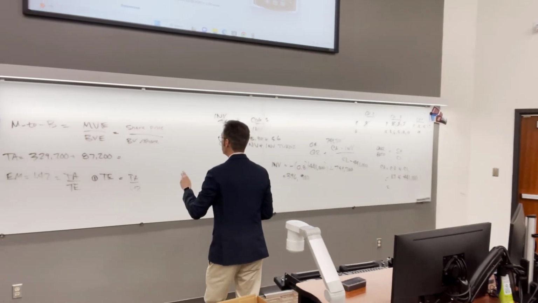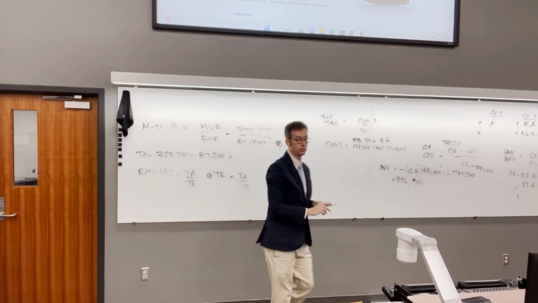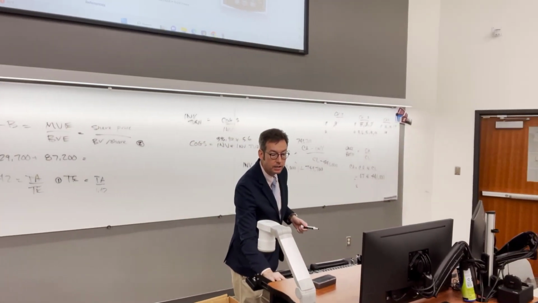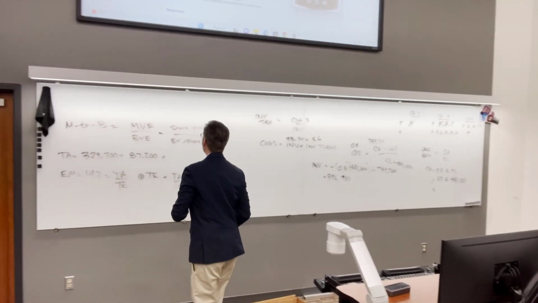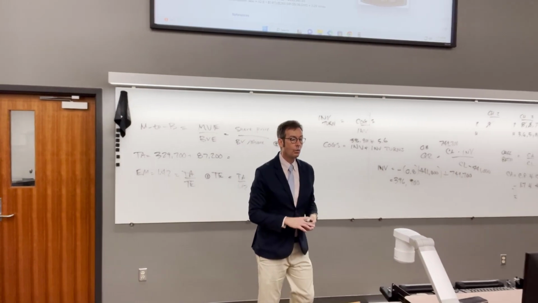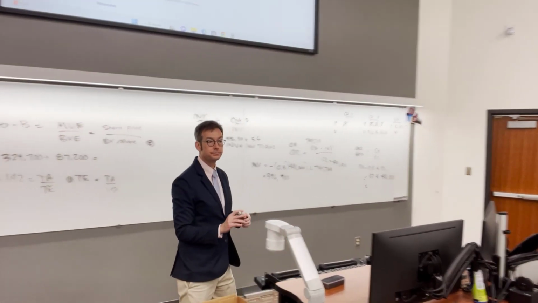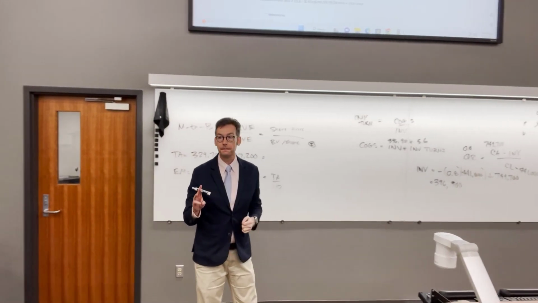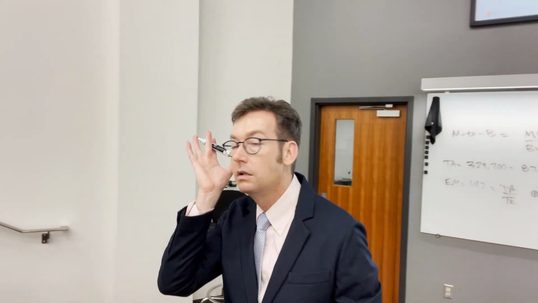Okay, so here's what I'm going to do. I'm going to write that that's in location 2, and I'm going to say store 2. So now the only thing we're missing to be able to find this market to book ratio is the share price. What have they given us that has share price in that equation? Earnings per share is 1.97.